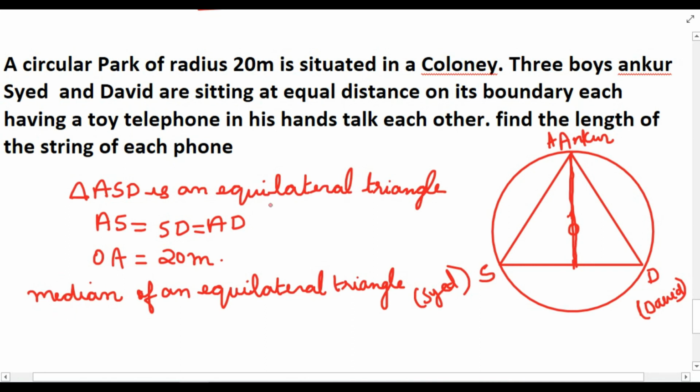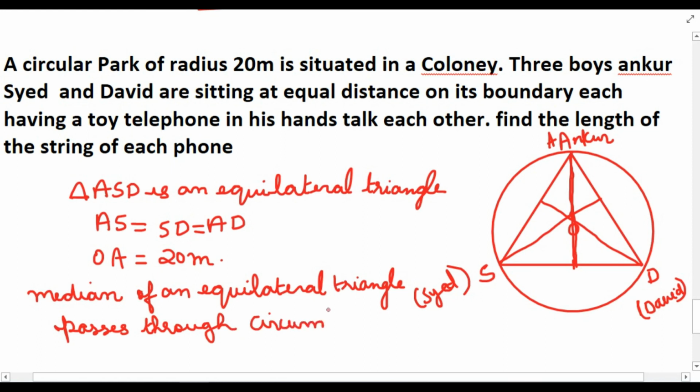So in an equilateral triangle, three medians will be there. These medians pass through the circumcenter of the triangle. What do we mean by circumcenter?